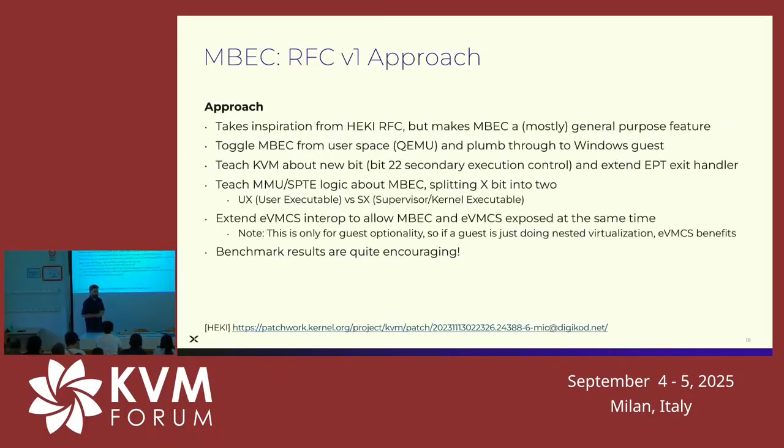And the actual mechanics are easy-ish, right? Exposing an additional secondary execution control, I guess bit 21 or 22, if I recall correctly, and then having the user space VMM program that in, having the various setup routines on KVM program that in and pass it through appropriately, and then teach the exit handler for EPT exit violations and the MMU to understand this a little bit.